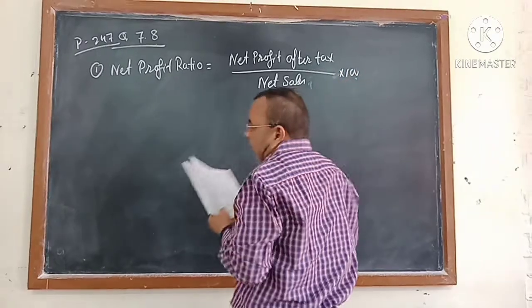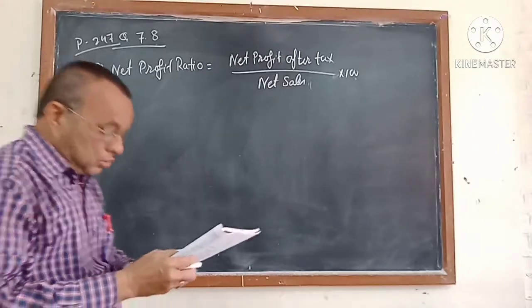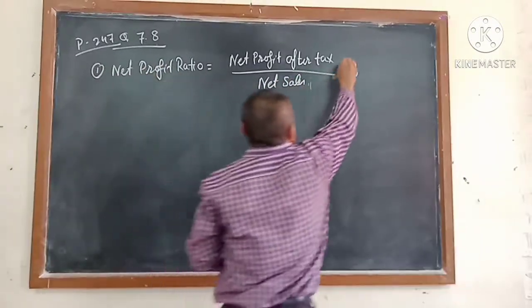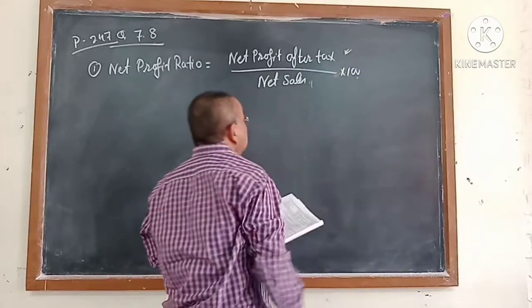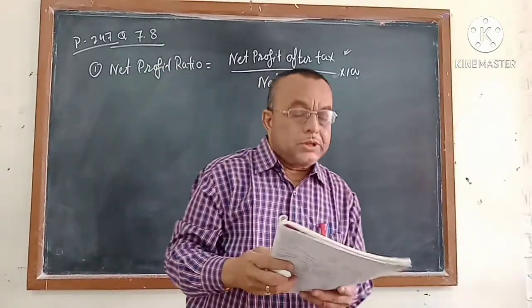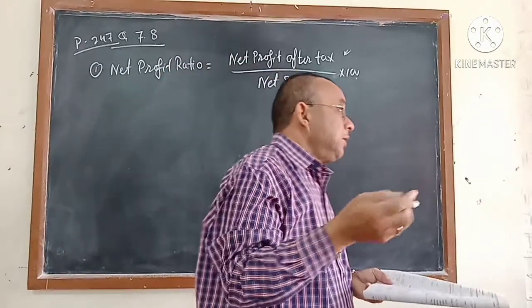This is the formula which you have to write in this step. I told you several times. So the net profit after tax, that you have to find out. Net sales, in most cases, will be given in the question, so there is no need to find it out. Then multiply by 100.